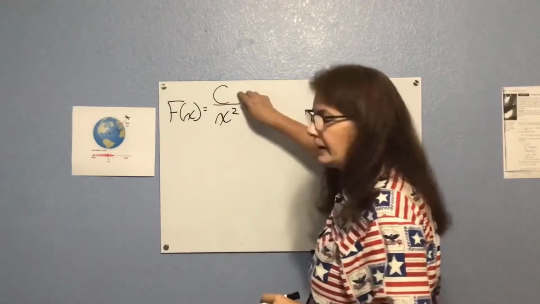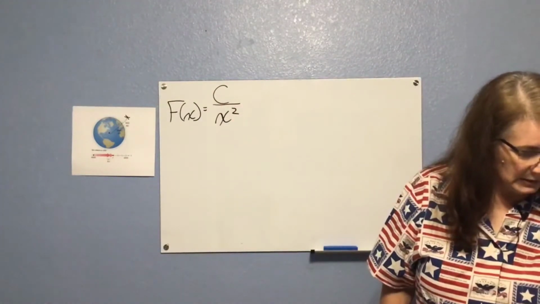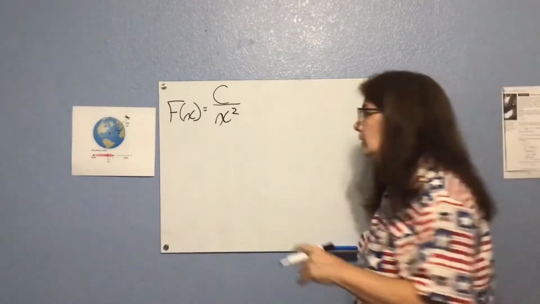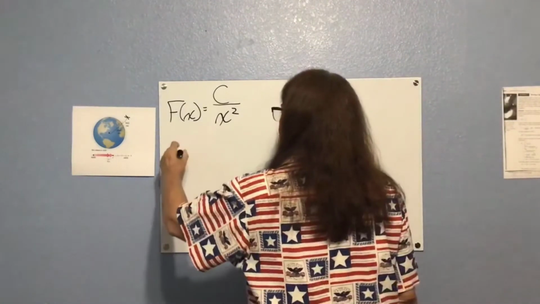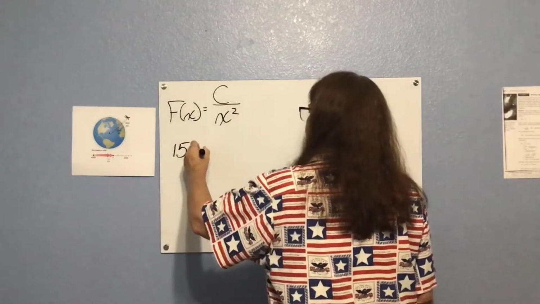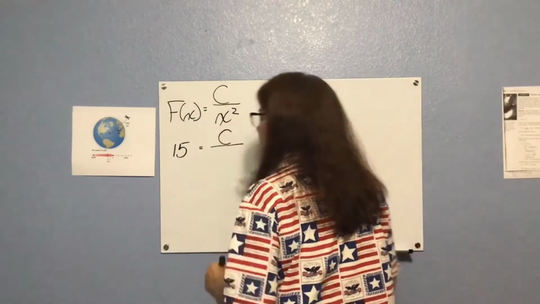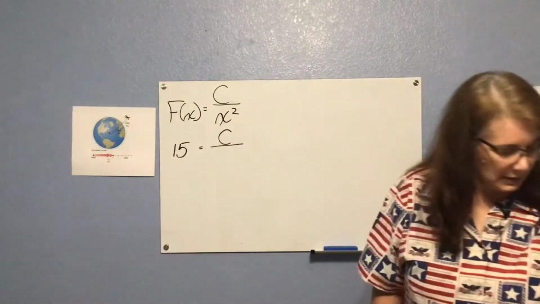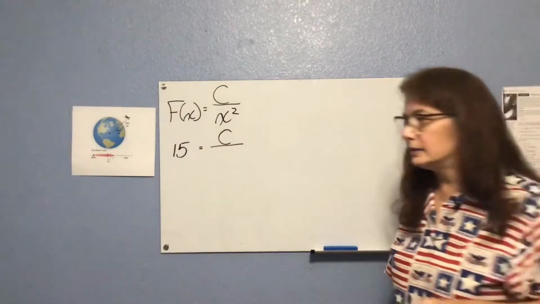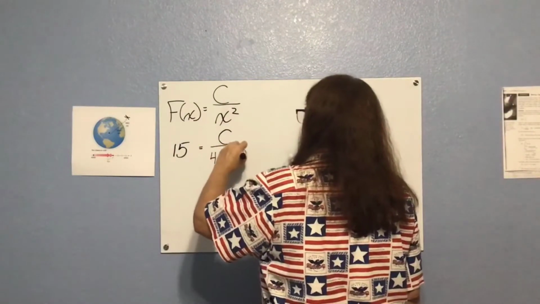Okay, and we want to find that constant c so we can use it. Okay, and we were told that the initial weight was 15 metric tons, so we use 15. And then our distance was 4,000 miles.